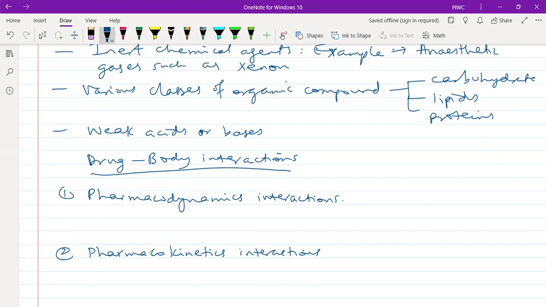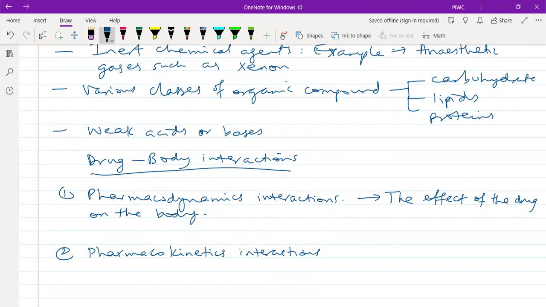Okay. So what is pharmacodynamic interaction? Now, the pharmacodynamic interaction deals with the effect of the drug on the body. How does the drug affect the body? The effects of the drug on the body. Good. So the study of this is known as pharmacodynamics.